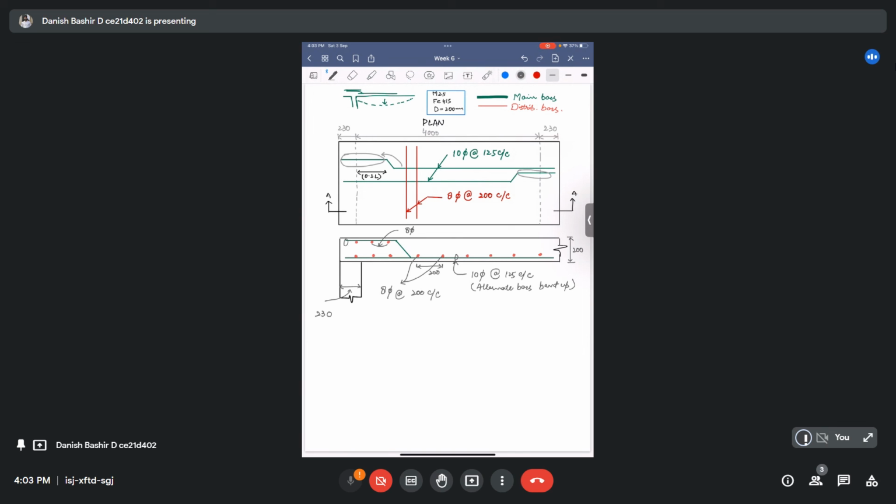This is 10 mm, and we have our effective depth as already this one, 160. Details of one slab that we designed.